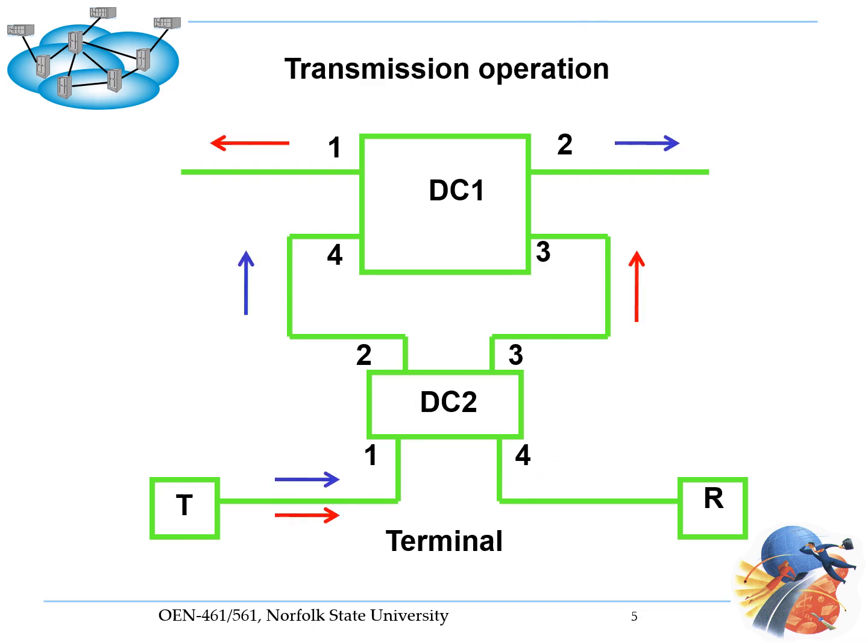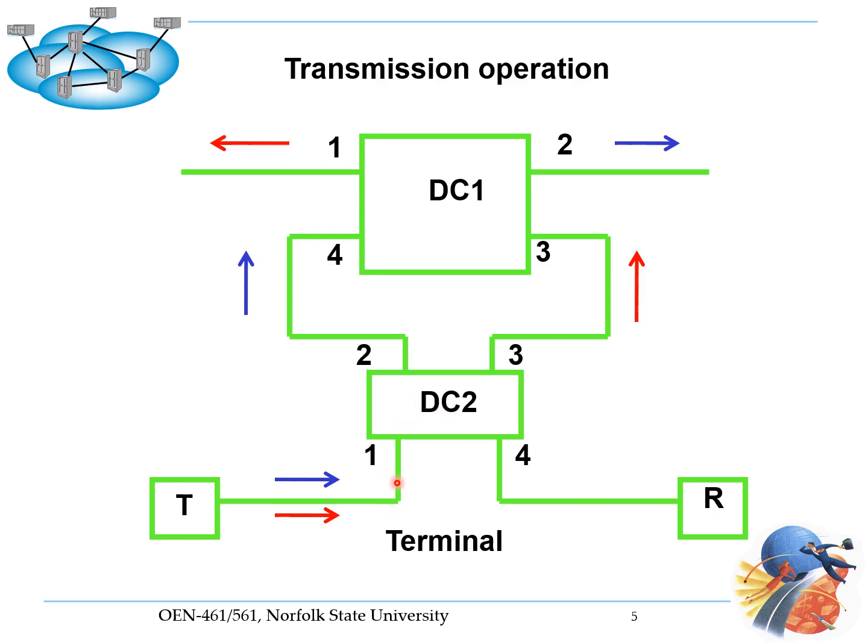Indeed, let us consider the situation when we want to transmit from this terminal. We start with the transmitter and send signal through port 1 of the second directional coupler. We assume that both directional couplers 1 and 2 are 3 dB couplers, meaning that light in the two output ports, throughput and tap ports, is split 50% each.